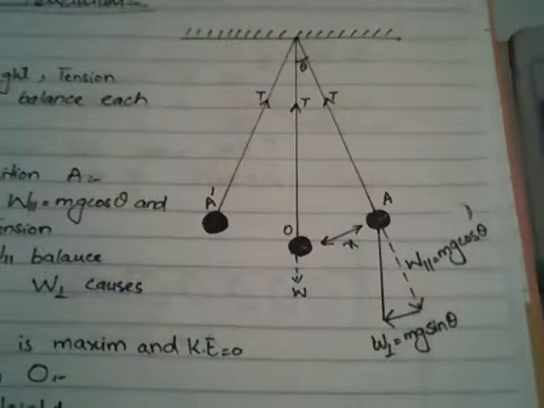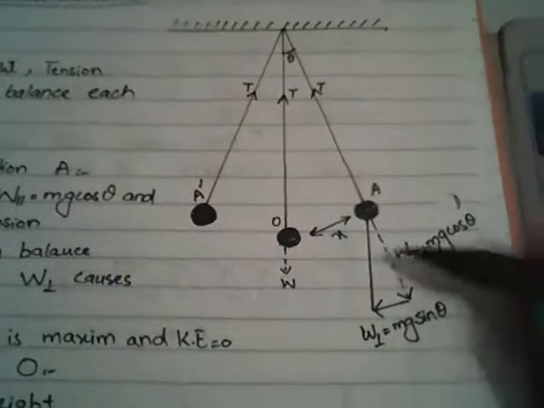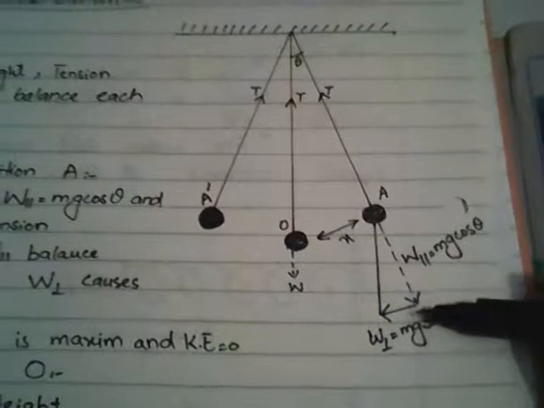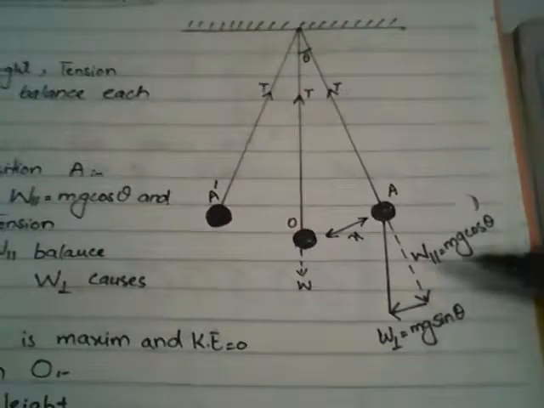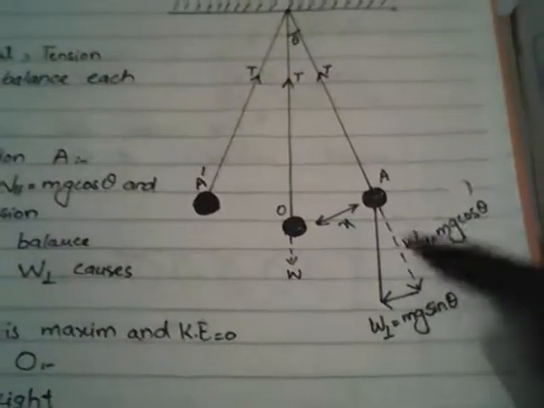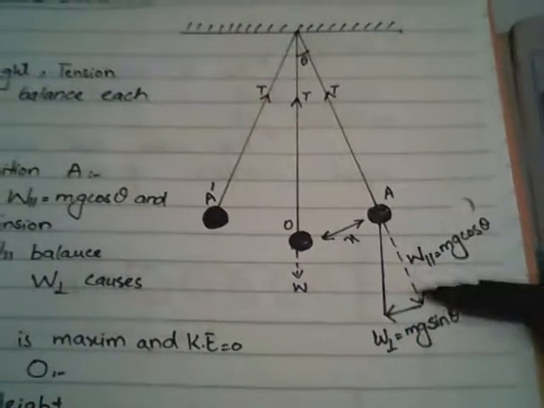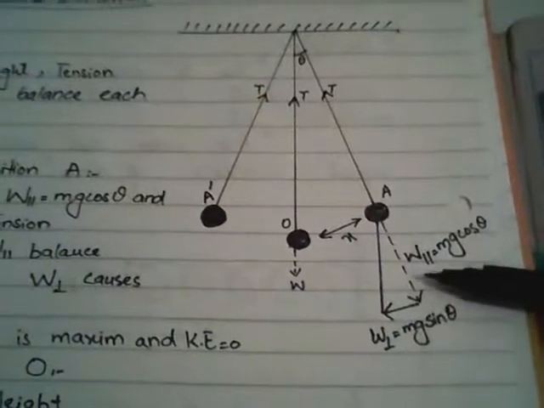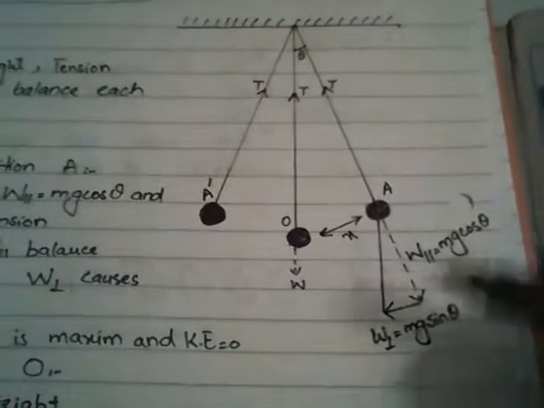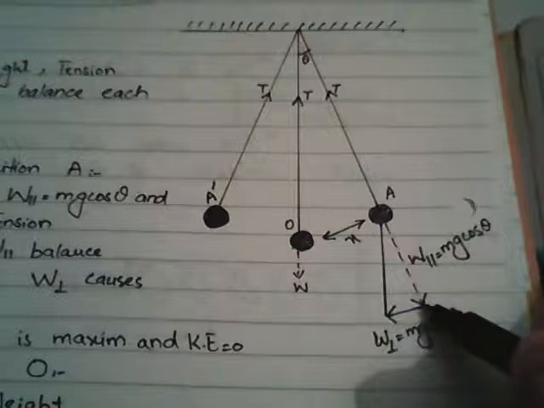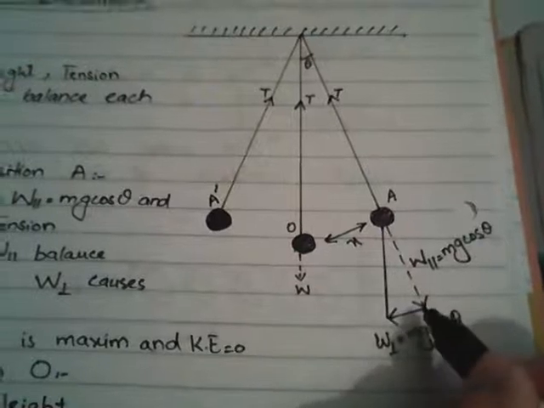But don't get confused with this being the vertical component and this the horizontal component. These are not so. This will be the horizontal component, because this is the weight and this is where we need to find the acceleration. This will be the base and this will be the perpendicular.